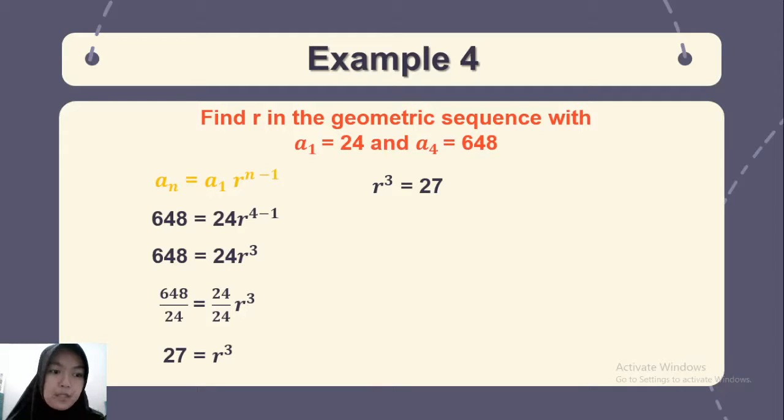So, we will write 27 in exponential notation, such that it has the same exponent as r. 27 is equal to 3 times 3 times 3. So, 27 is equal to 3 cubed.